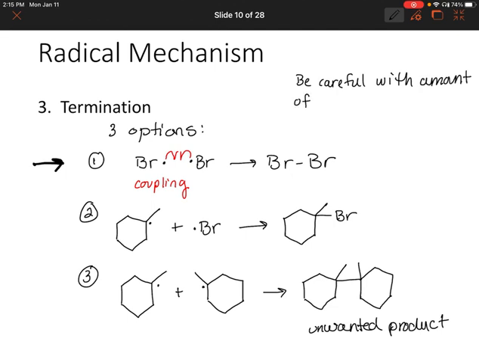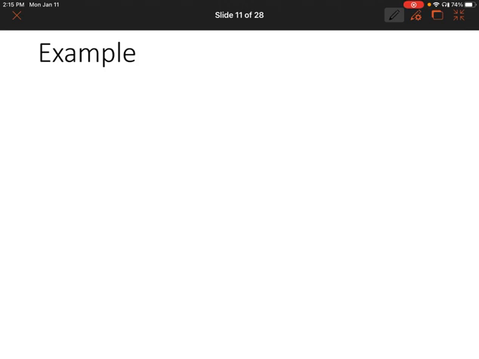Essentially, you could end up with a chain reaction where you add more bromines than you intend to. So let's actually look at an example of that. But we're going to use chlorine for this example. And your book also goes through this example as well.